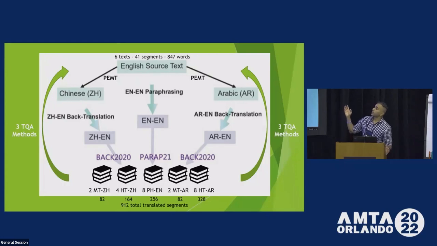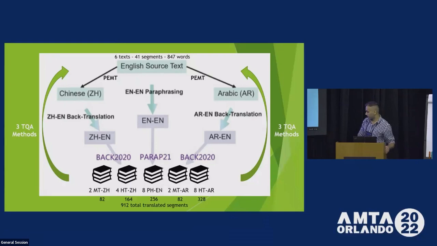Then we took the translation from the pivot languages, and we tried to diversify our final output of back translation. So we first used two neural machine translation systems, Google Translate and Bing, and back translated the Chinese and Arabic into English.